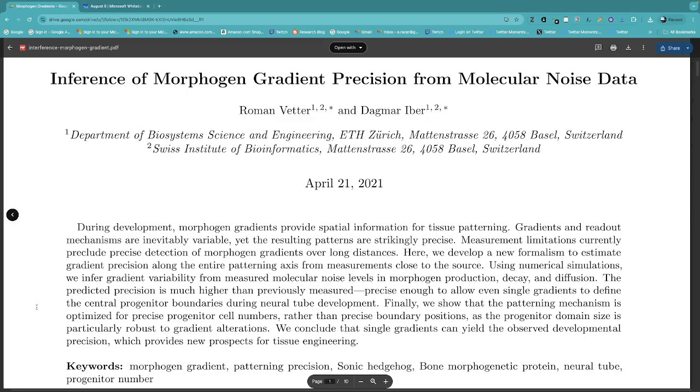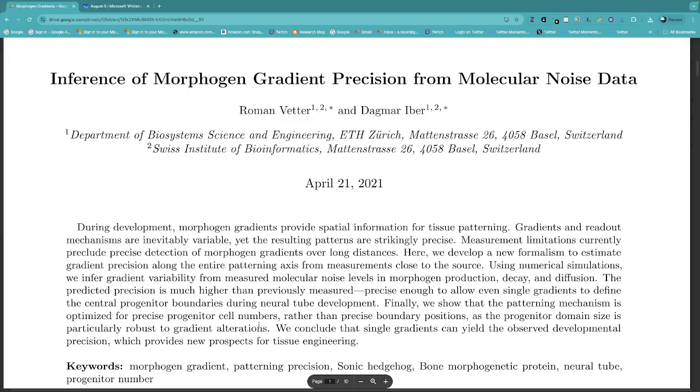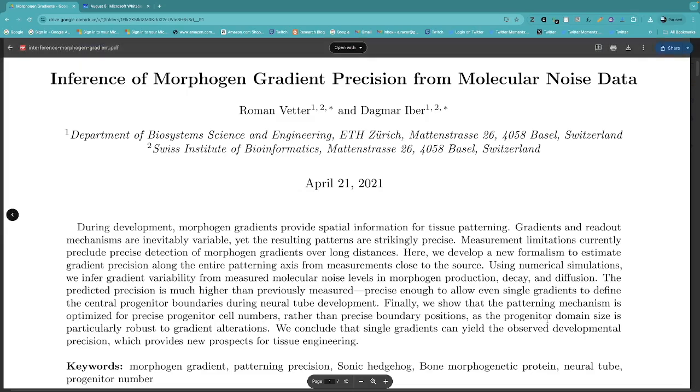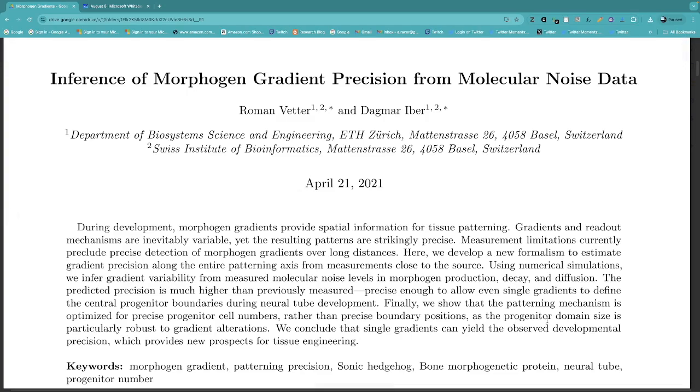As the progenitor domain size is particularly robust to gradient alterations. So our domain sizes really can be variable depending on how the gradient varies, and it's easy to fit this gradient to different domain sizes.